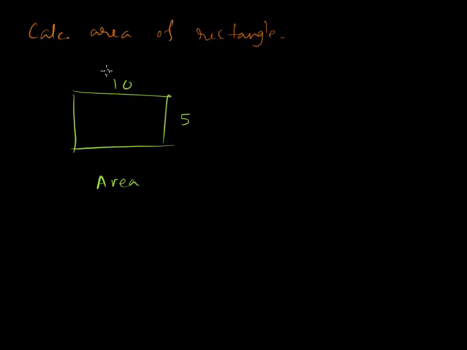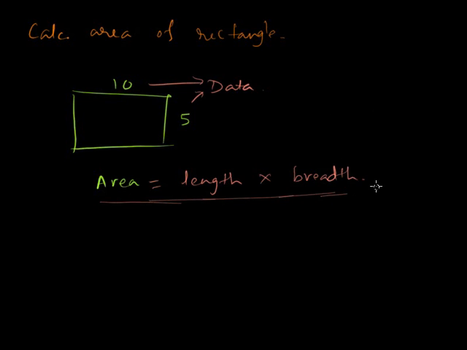but what the problem specification gives is very important for us. This which is given is data for us. And how to calculate area we know is length into breadth. So this is our operation which we will be performing.